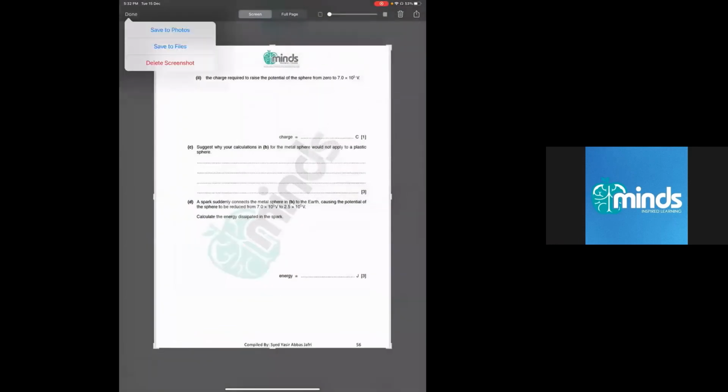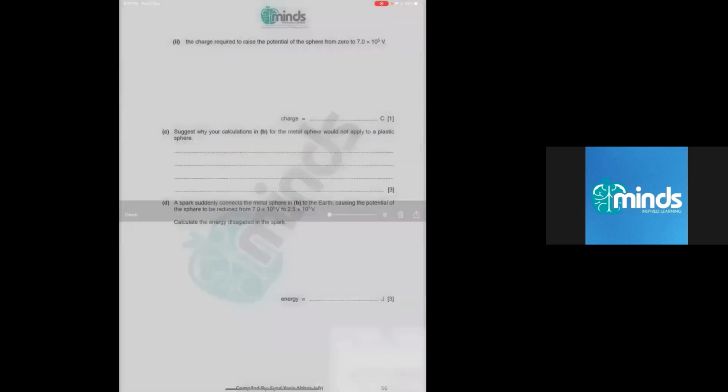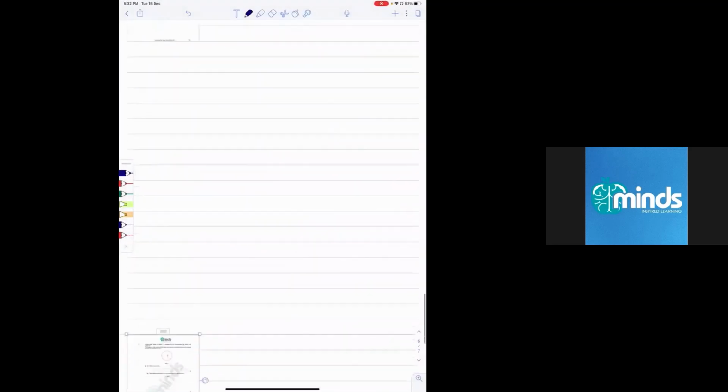Okay, so this is question number 1, page 55. Those who got the booklet can start solving this question. And if you don't have the booklet, you can see the question on the screen as well.